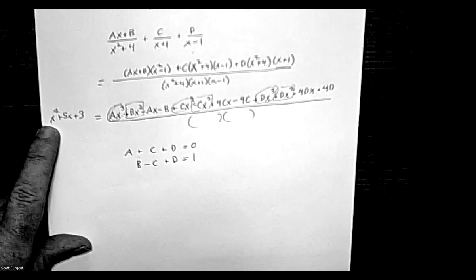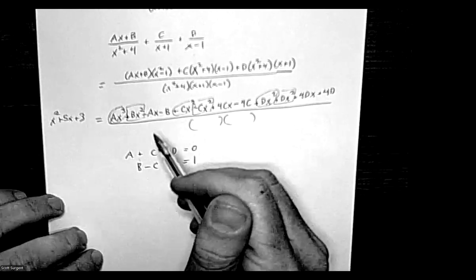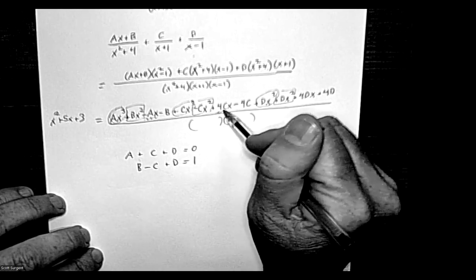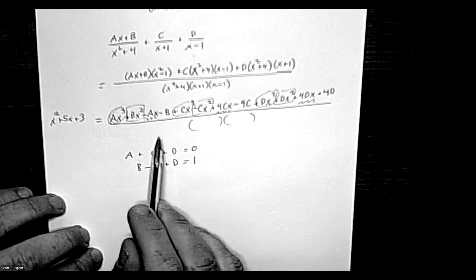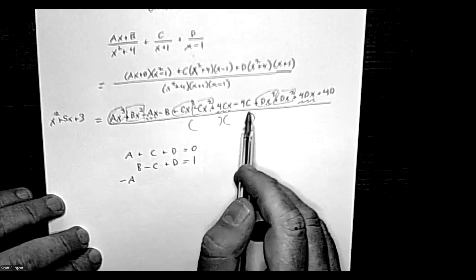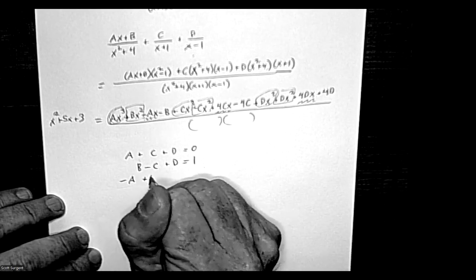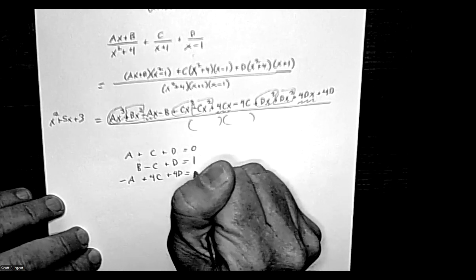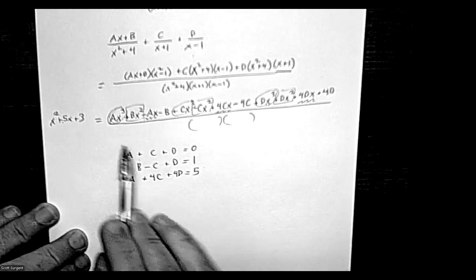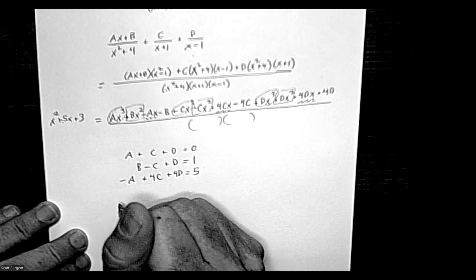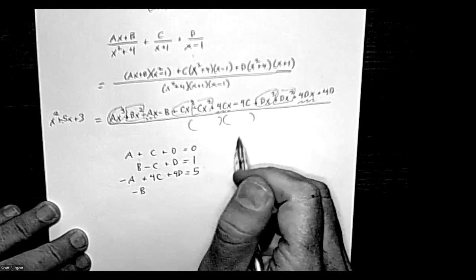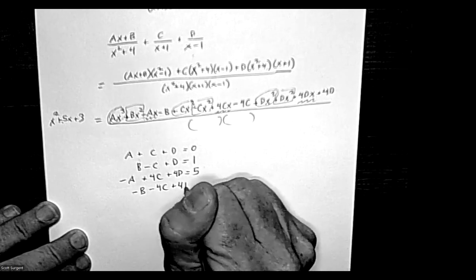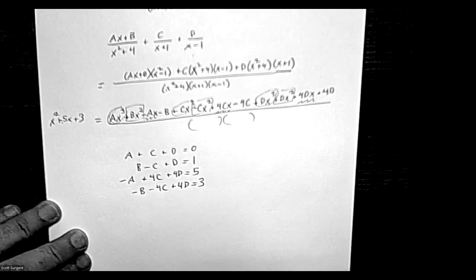That's what's in front of the x squared. Now I'm going to look at my linears. I'll do squiggles for them. That's going to be negative A plus 4C plus 4D has to be 5. And then for the constants, which are just left alone, that's negative B, take away 4C plus 4D equals 3.